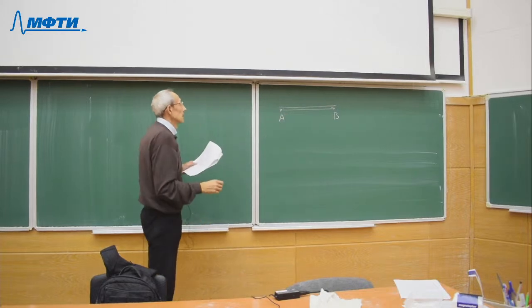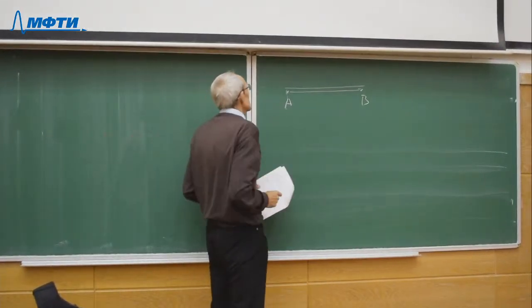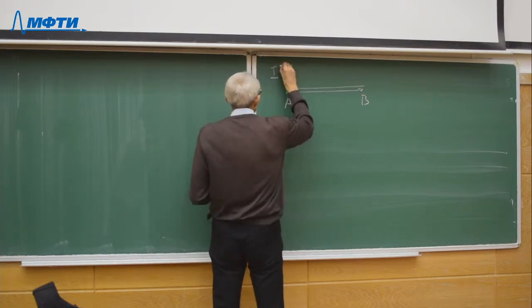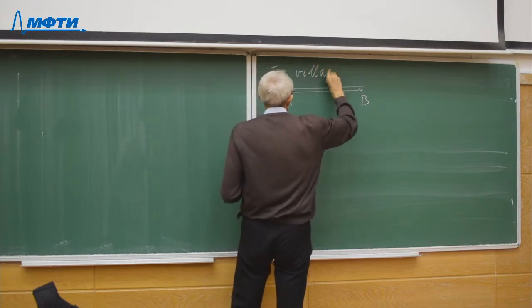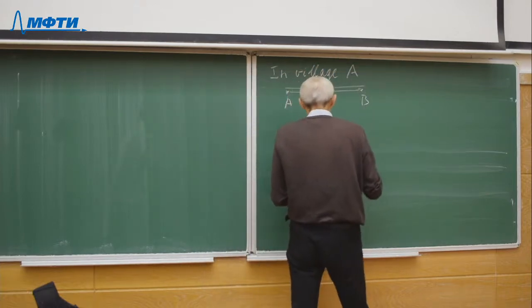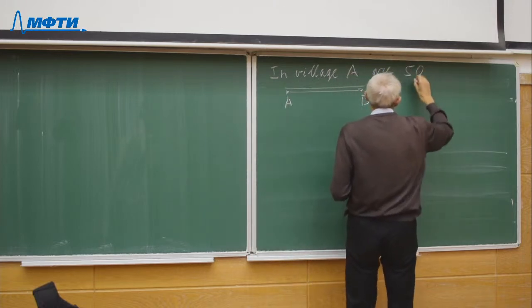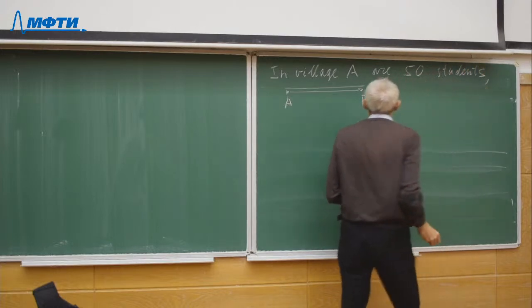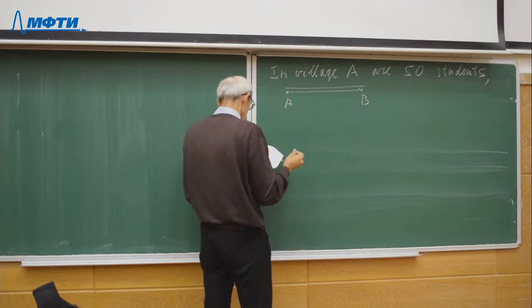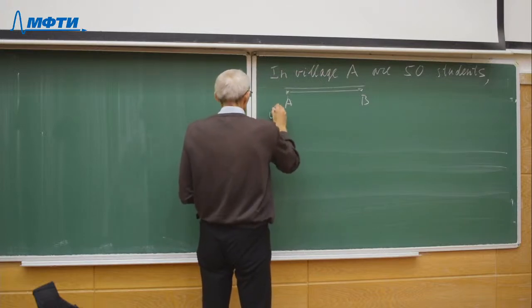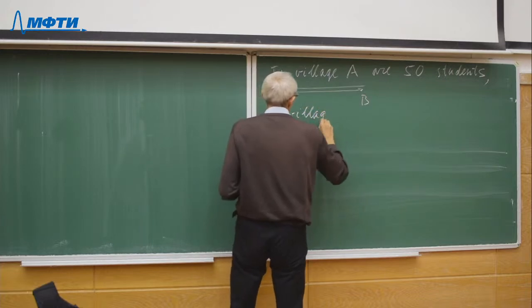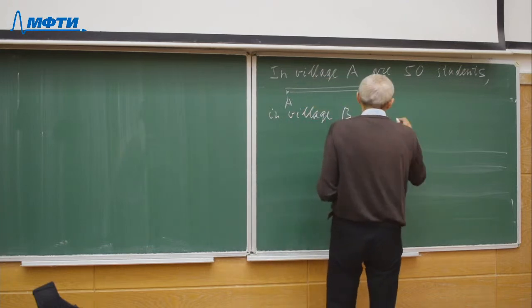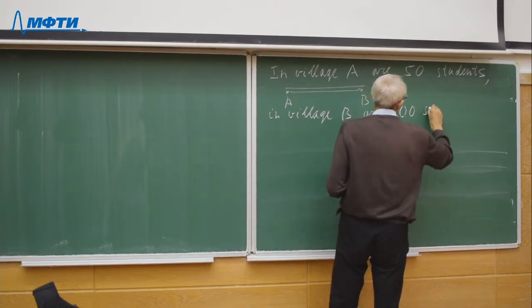Along this road there are villages A and B. In village A there are 50 students, and in village B there are 100 students.